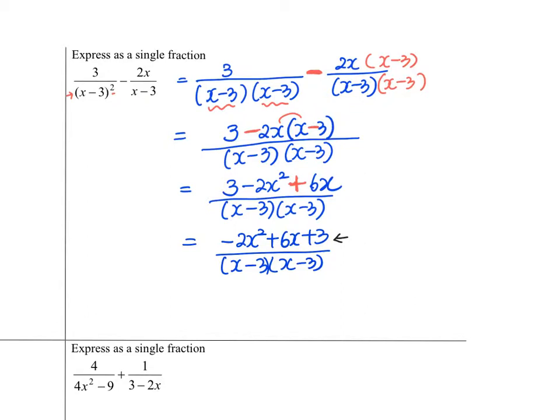Now if you're not sure, doesn't matter, we can use mode 3 to help us check. I have a to be negative 2, b is 6, and c is 3. I got decimals for my answers, so that means in this case it cannot be factorized nicely. So I'm not going to do anything to it. This should be the final answer. Have you gotten the concept?